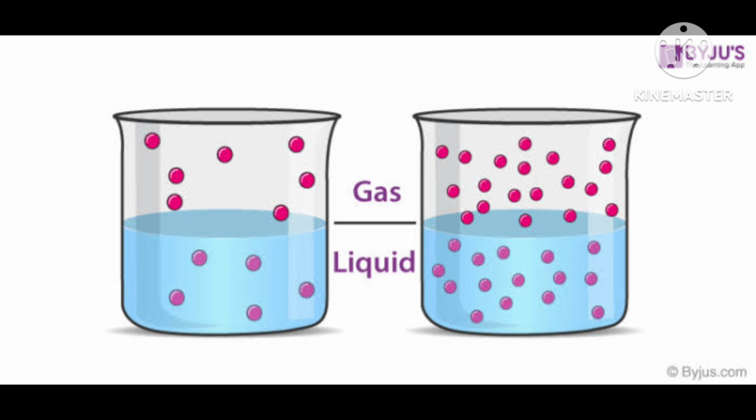200 cc of an aqueous solution of a protein contains 1.26 gram of the protein.